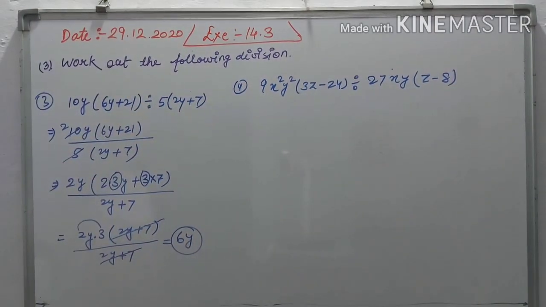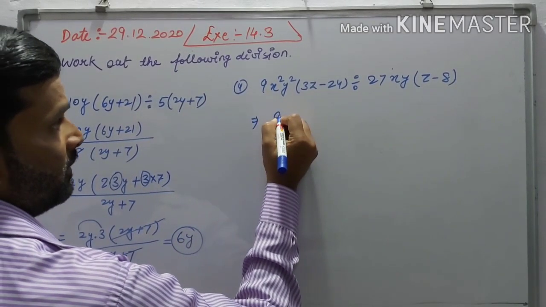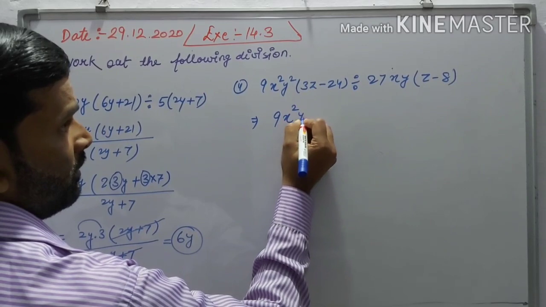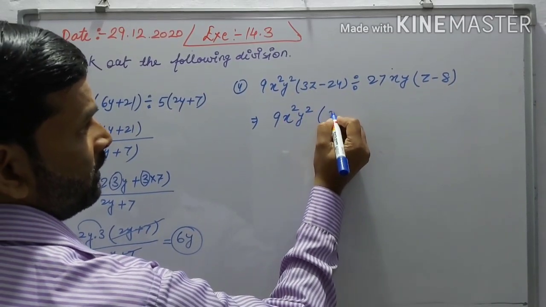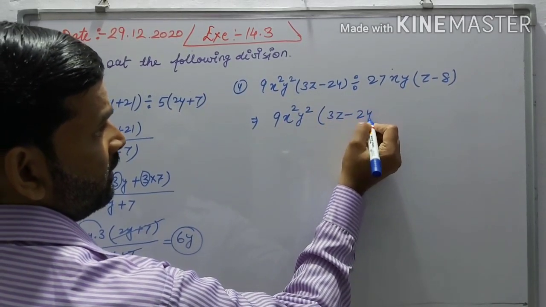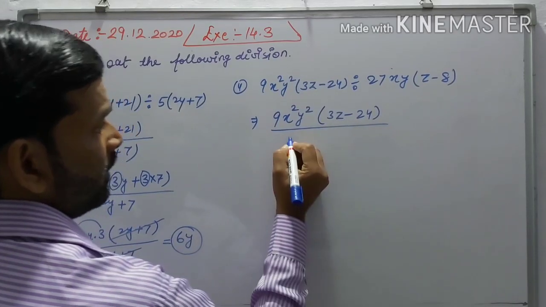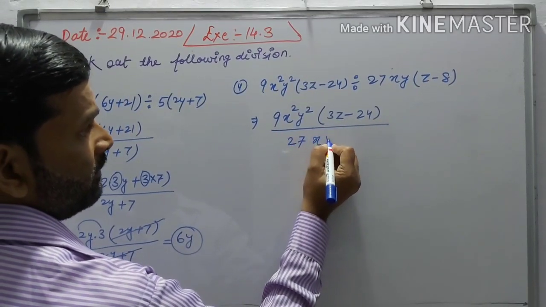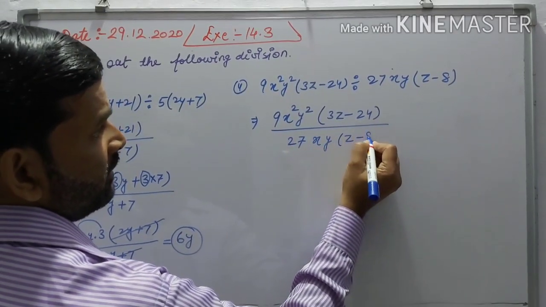Okay, now solve: 9x square y square (3z minus 24) upon 27xy (z minus 8).